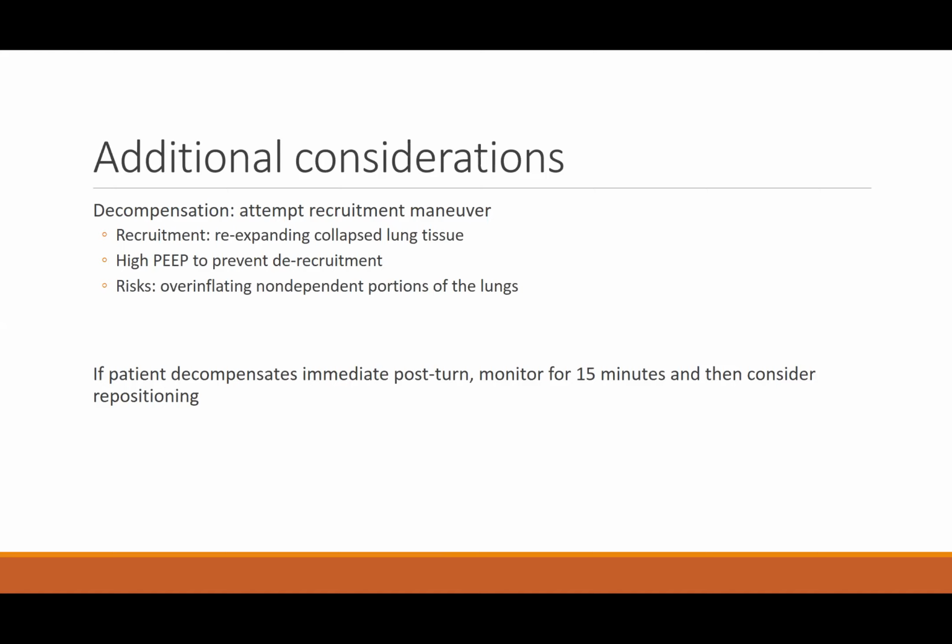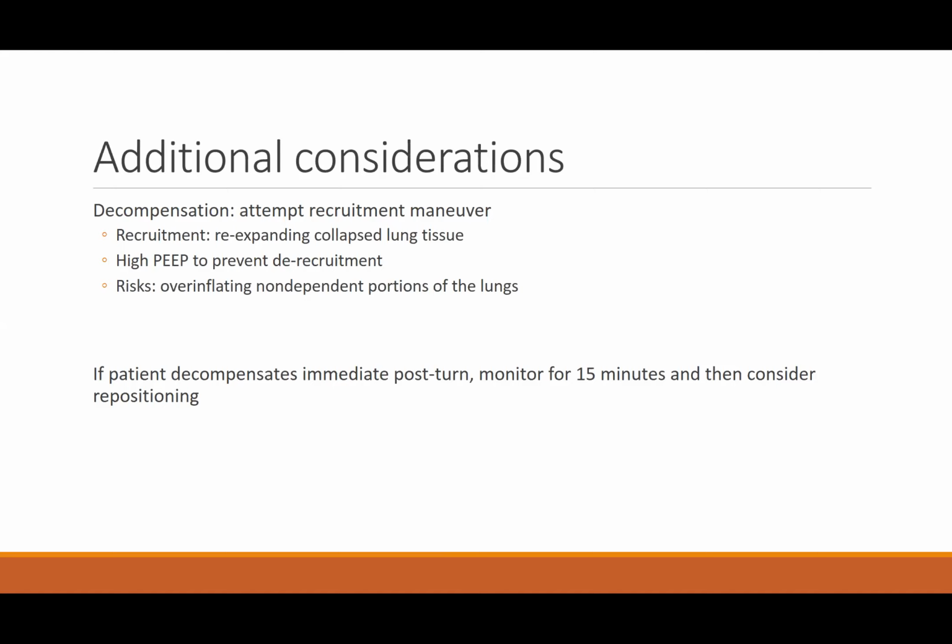So the rule of thumb, what the literature tells us, is that if a patient decompensates immediately after you have supined them, it's essentially okay up to a certain point. Sometimes patients will not look so good and will continue to not look so good. When we reach that 15-20 minute mark, we really start to consider that this is potentially somebody who needs to be reproned.